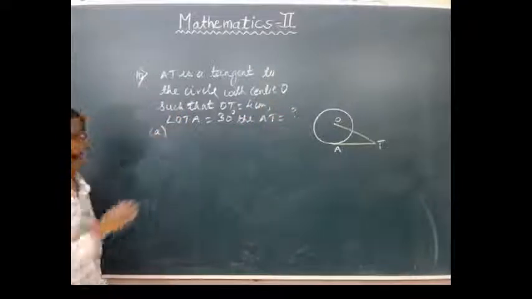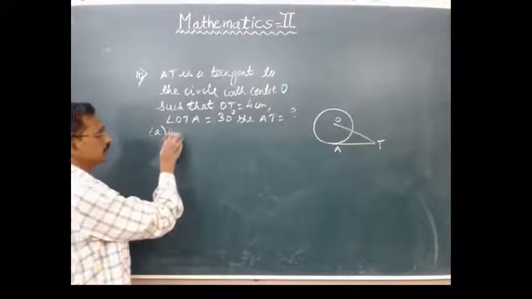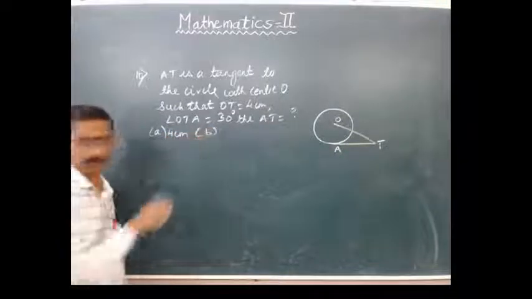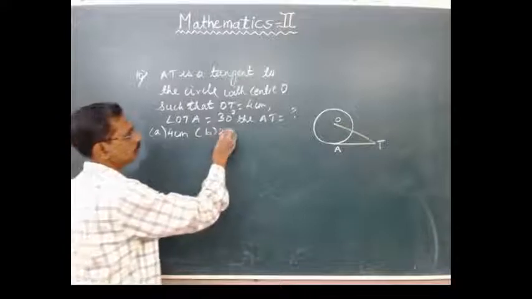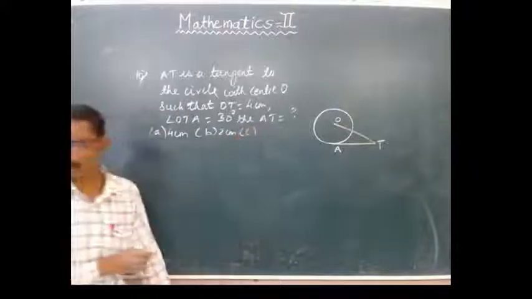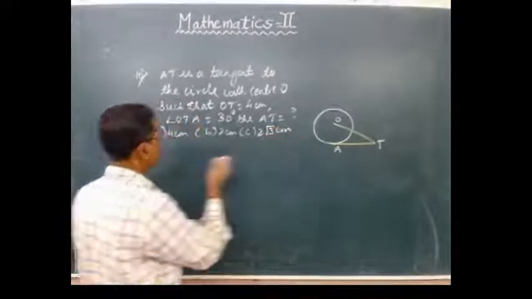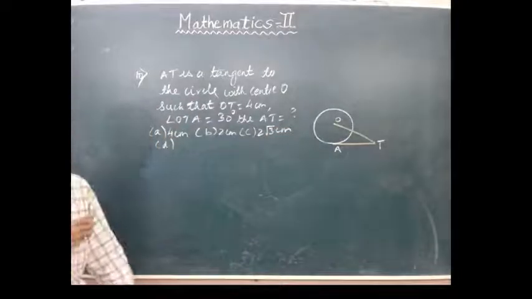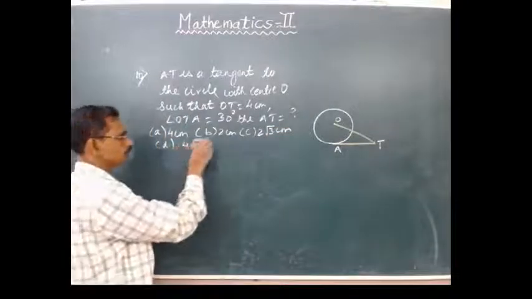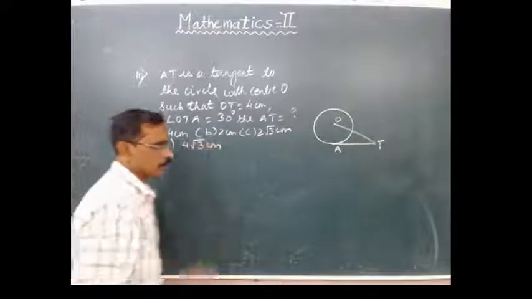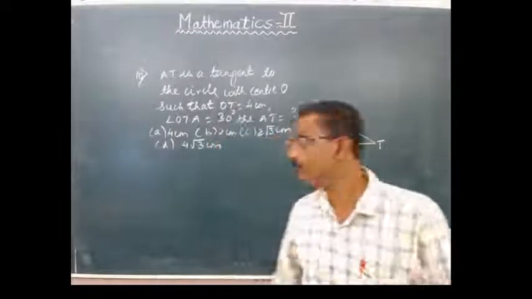Our option A is 4 centimeter. Option number B is 2 centimeter. Option number C is 2 root 3 centimeter. And option D is 4 root 3 centimeter. Read the question properly.